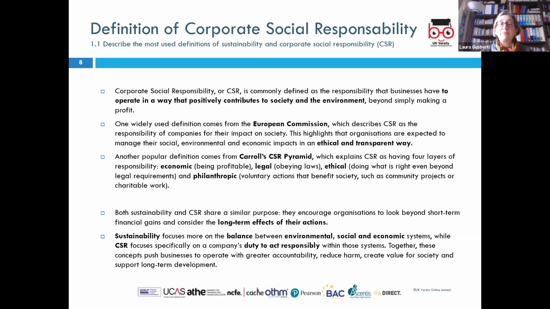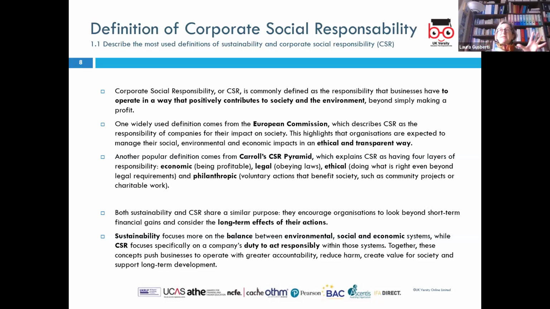Then there is an ethical responsibility that organizations sometimes adopt because they want to go over and above the bare minimum required by the law. And also philanthropic responsibilities, where the organization makes some voluntary contribution towards charities or projects to benefit society, so that they are seen almost as a partner, and they are seen in a positive way, and this also attracts customers.